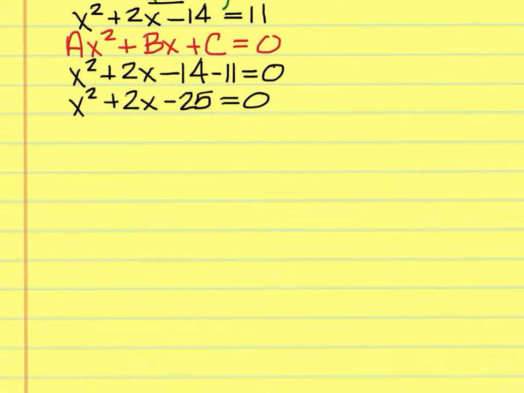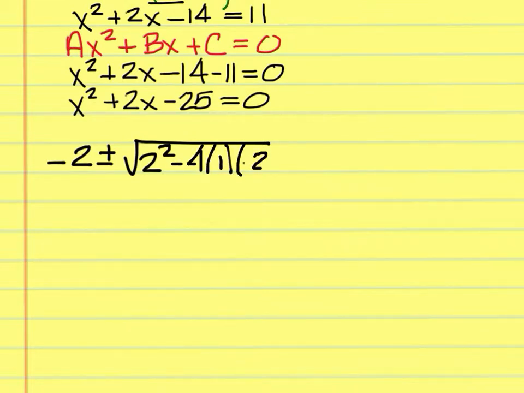So we can try the quadratic formula, to get negative 2 plus or minus the square root of 2 squared, and we'll have minus 4 times 1 times a negative 25. And on the bottom we'll have 2 times 1.